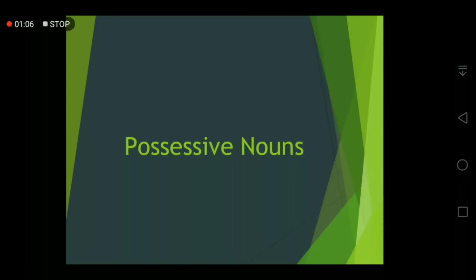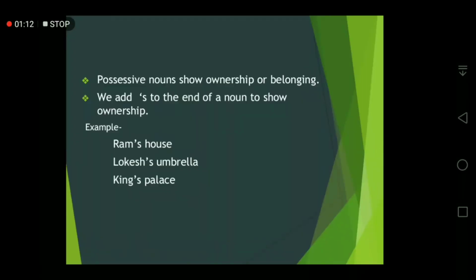So let's begin with today's lesson, possessive nouns. Possessive nouns show ownership or belonging. Okay, possessive nouns show the ownership or belonging of something. We can add apostrophe s to the end of a noun to show ownership.